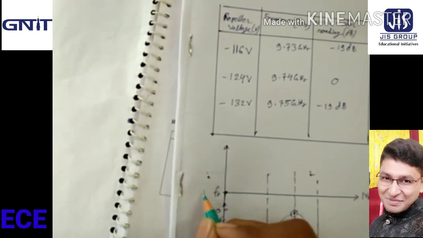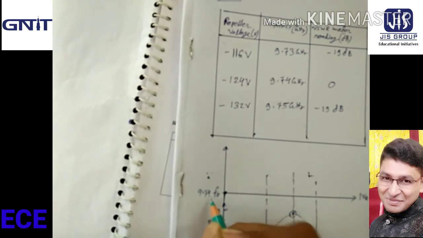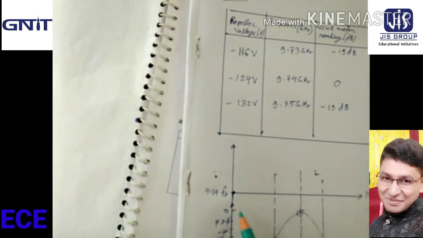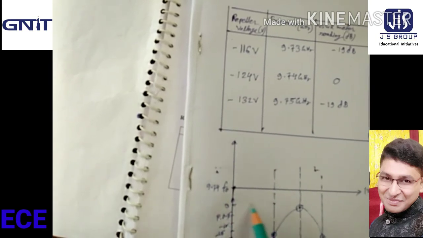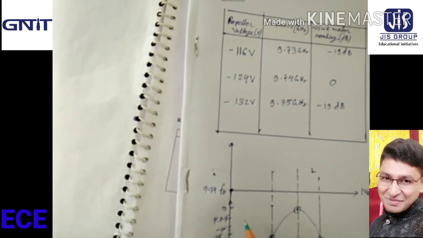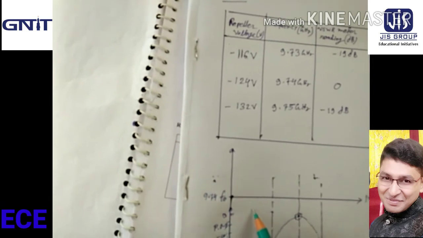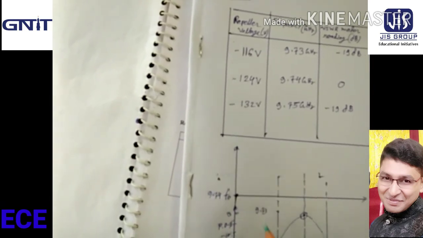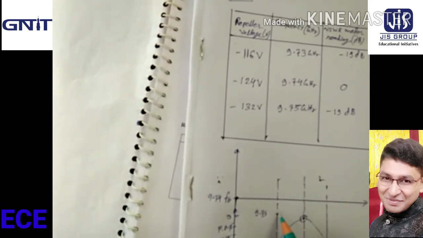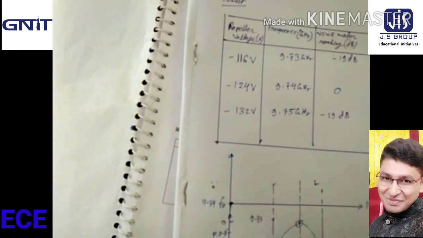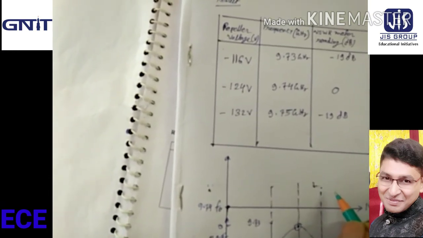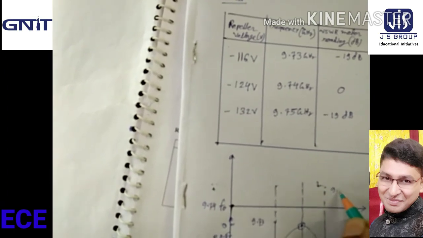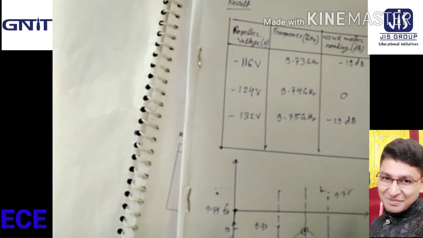The lower frequency is 9.73 gigahertz, and the upper frequency is 9.75 gigahertz.